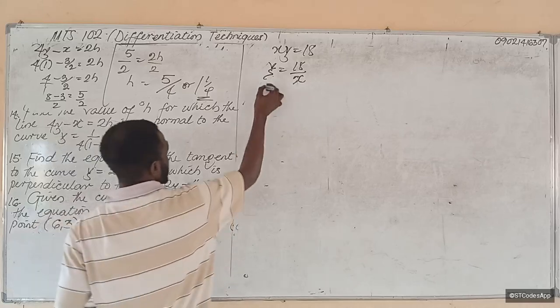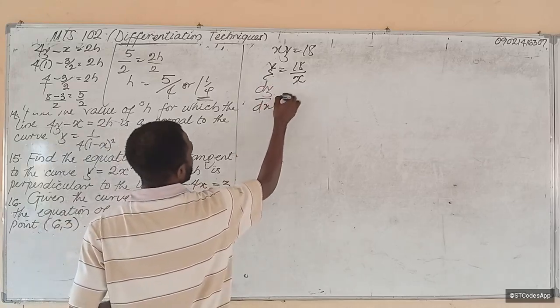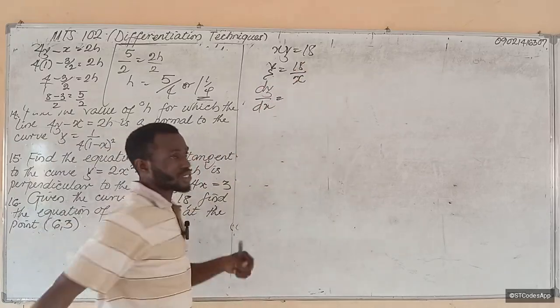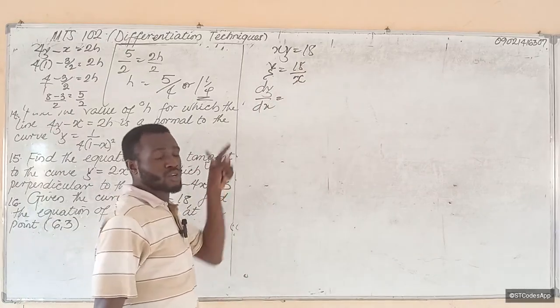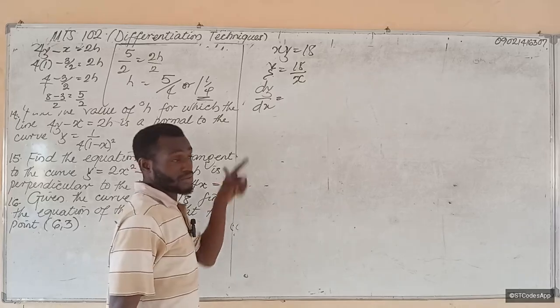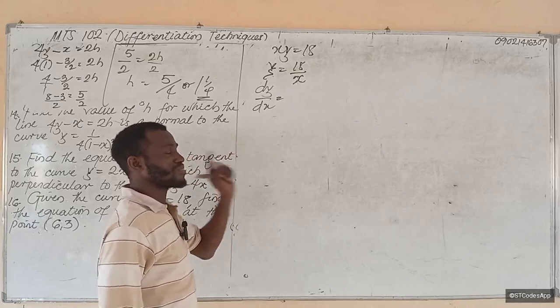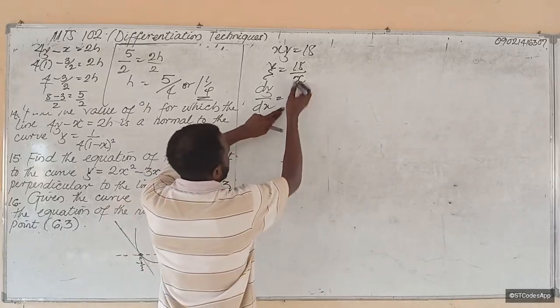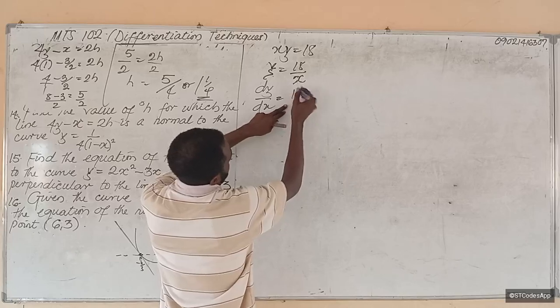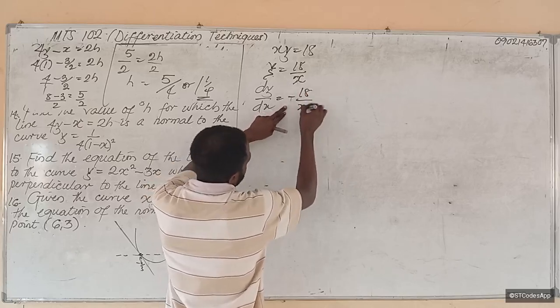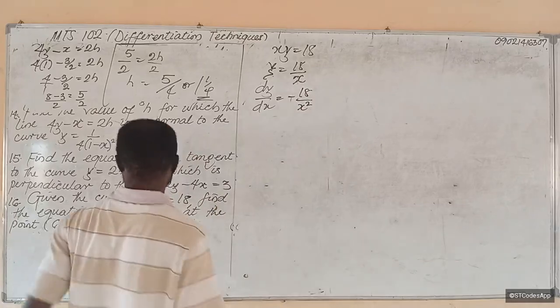So dy/dx will be equal to, if you differentiate 1 over x, you'll get minus 1 over x squared. So if I put that here, I will just have minus 18 over x squared.